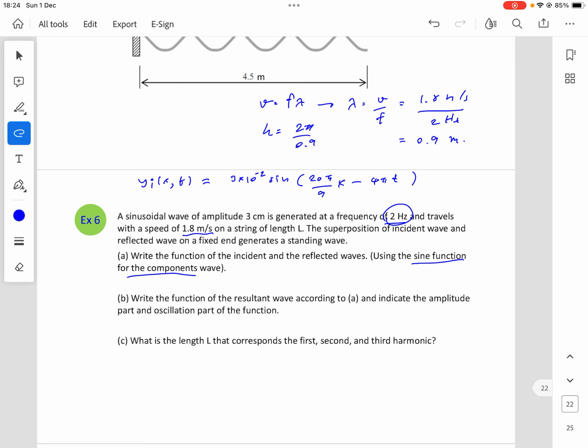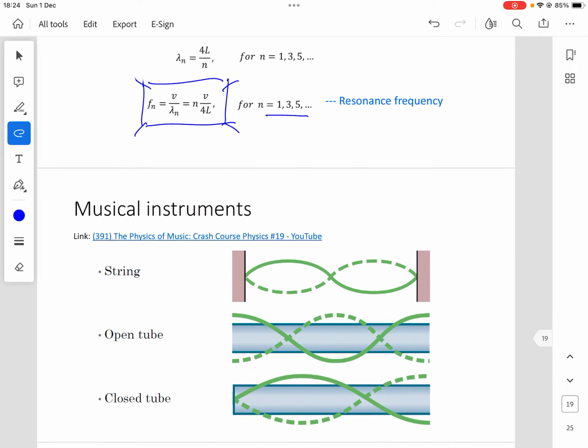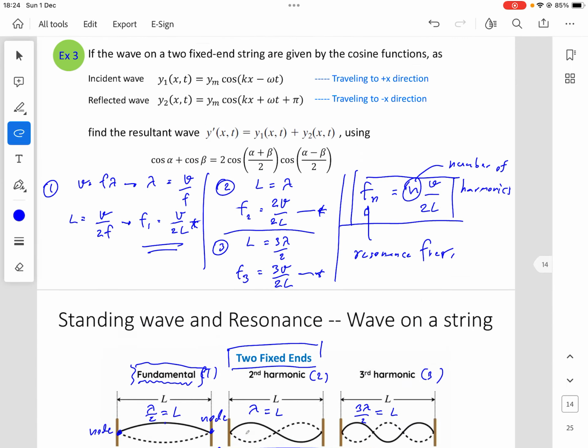This is a function, and you can write the reflected wave as, actually they should have the same thing, psi 20 pi divided by 9 x minus 4 pi t, and of course you should get the phase difference, because this is to a fixed end, right? This should be pi. Okay, I'll not show how to find this again, but you can actually use the solution from here.